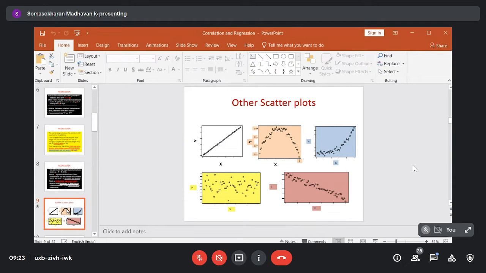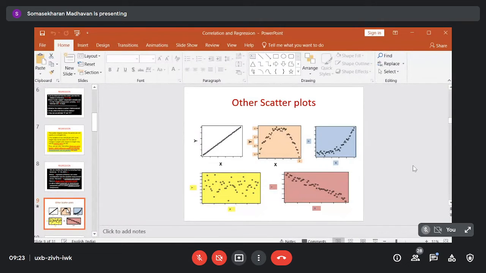If you have 2 points, you can easily construct the relationship. As you know, if x1, y1 and x2, y2 are 2 points on a straight line, the slope is y2 minus y1 by x2 minus x1. And you can also find the y-intercept very easily. You need not go for any elaborate procedure to construct the equation of the line.